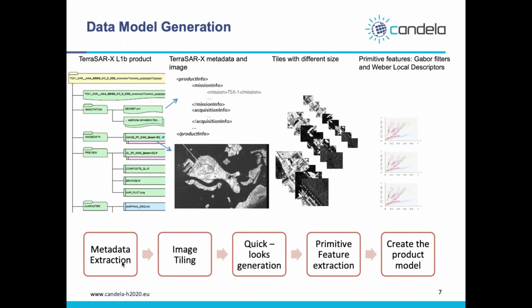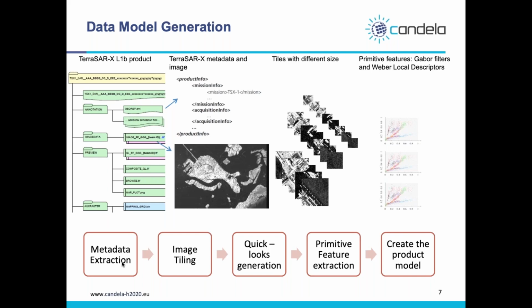So for an understanding of the module, here we take the metadata, we separate the metadata from the product, and we cut the product in patches in a multi-grid. For instance, 200 by 200 patches, 100 by 100, 50 by 50. The size of the patch is a parameter at data ingestion.